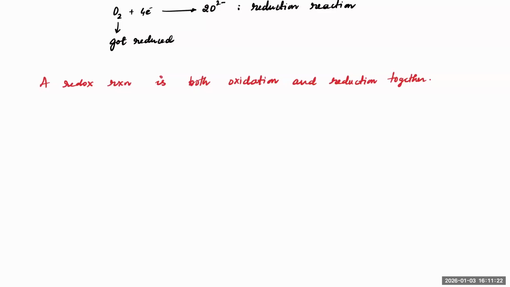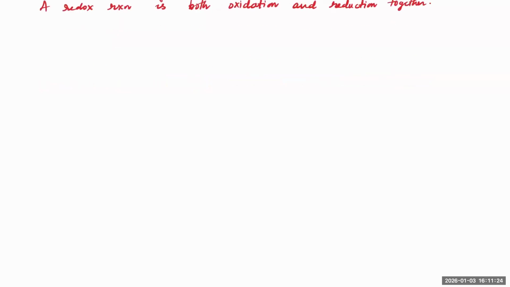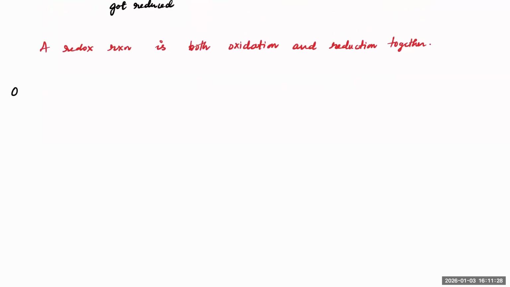That's why we came across two important terms. One is called oxidation state, the other one is called oxidation number.